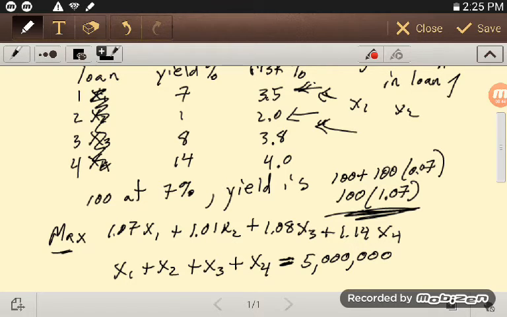But actually, now it's kind of coming to me. In general, if that's all I invest, remember, we've said x1 plus x2 plus x3 plus x4 has to be 5 million. So if x1 really was 2.5 million, I would just take x1 over 5 million.